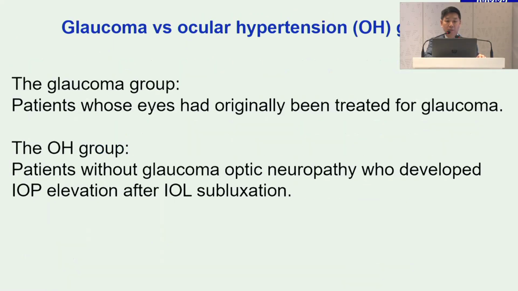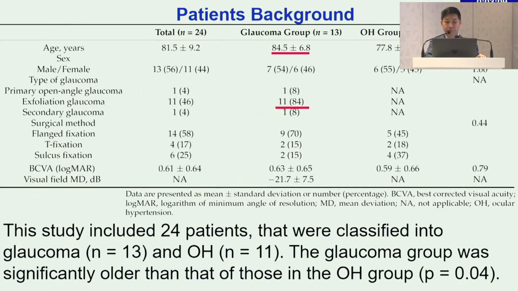We divided the patients into the glaucoma group or ocular hypertension group. The glaucoma group consists of patients whose eyes had originally been treated for glaucoma. The OH group consists of patients without glaucomatous optic neuropathy who developed IOP elevation after IOL subluxation.